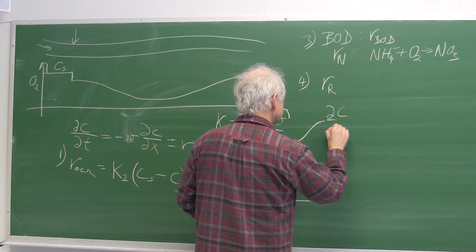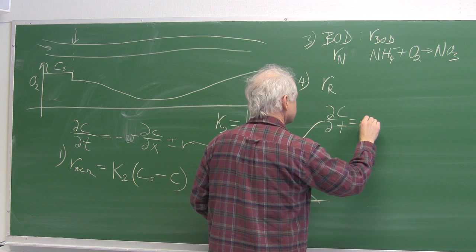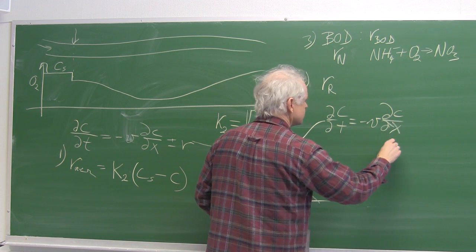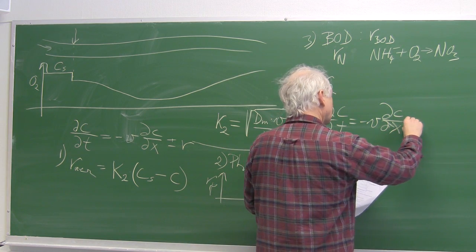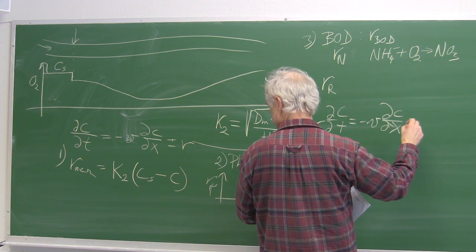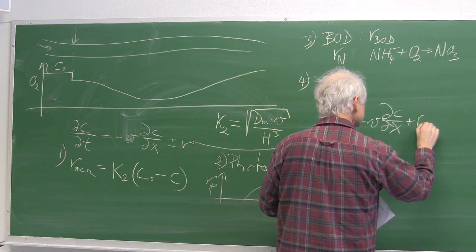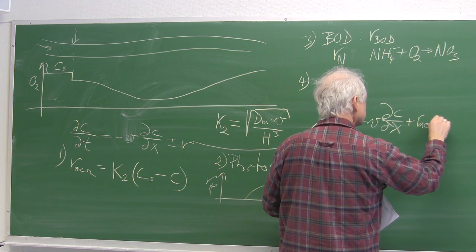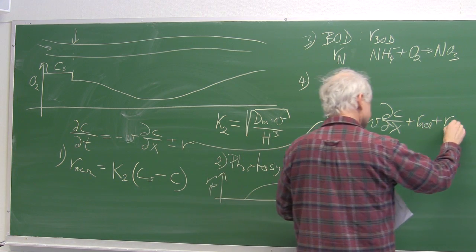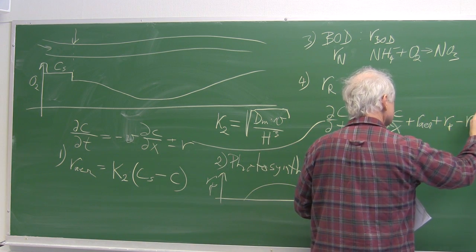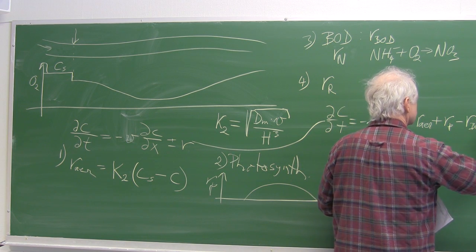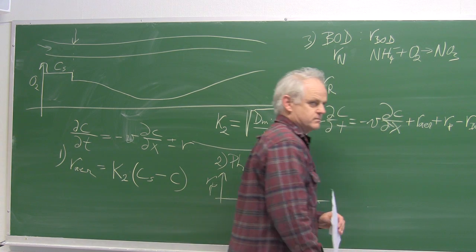So we have V dC/dt equal to minus V_t C dx plus our aeration plus our photosynthesis minus our BOD minus our respiration.